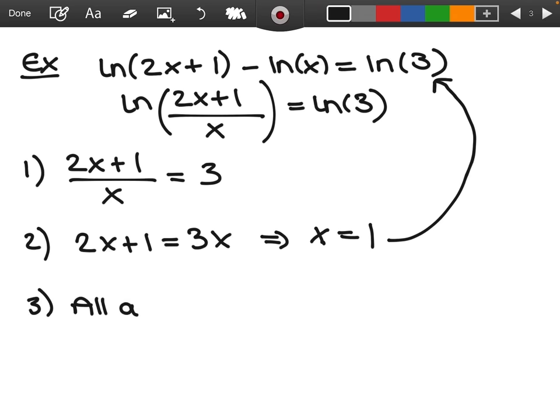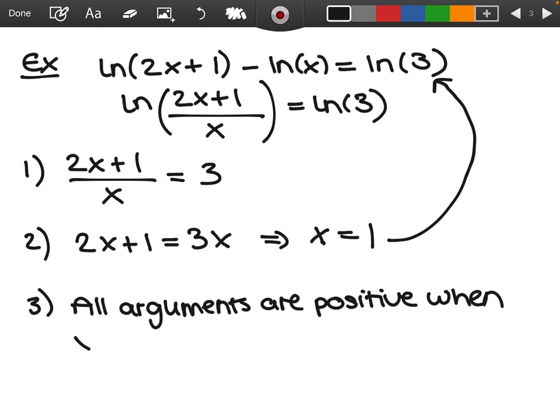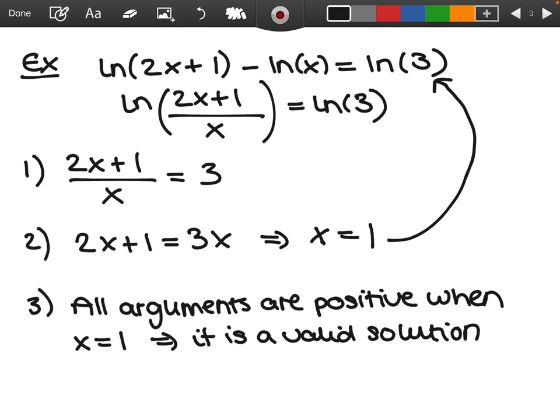But all arguments are positive when x is equal to 1. So that means it is a valid solution. If you ever find that any one of the arguments is negative for a particular x value, you cannot use that particular value as a solution.